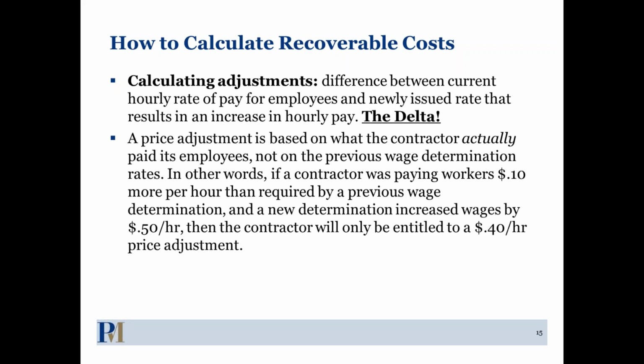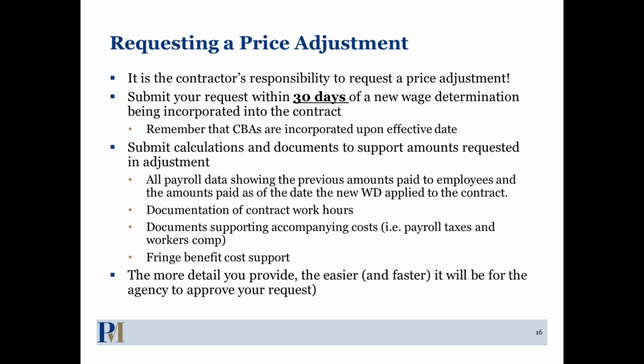You're only entitled to 40 cents, not 50 cents, because you decided to pay employees $20.10. So $20.50 minus $20.10 is 40 cents, and that's what you'd be entitled to per hour. You can also get associated taxes and things like that, and we'll talk about what that is in this slide.